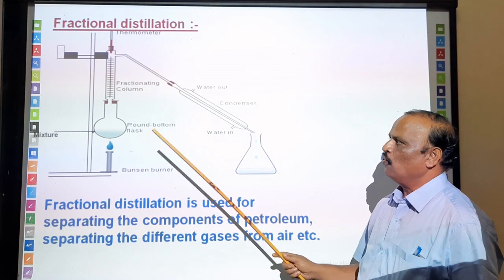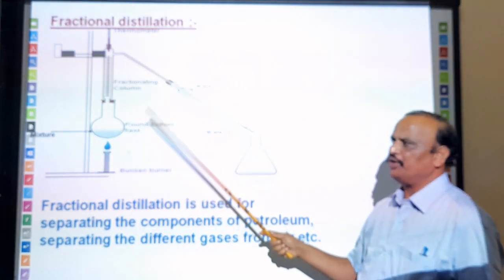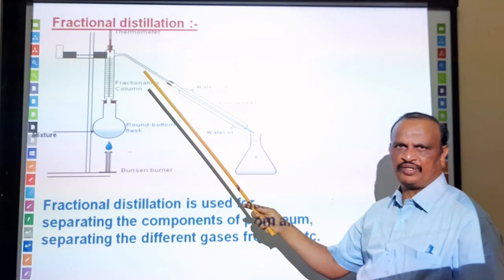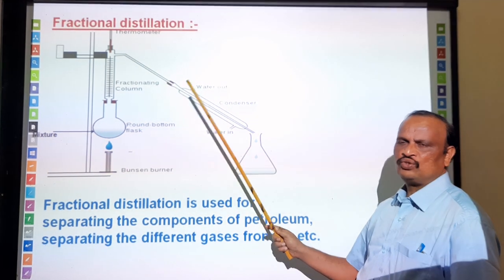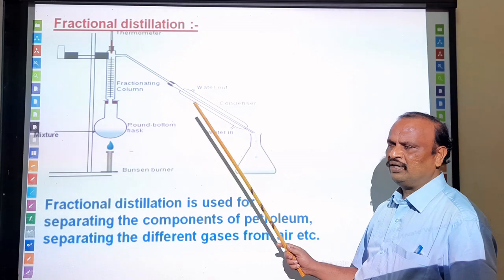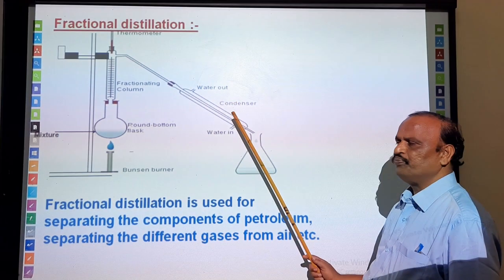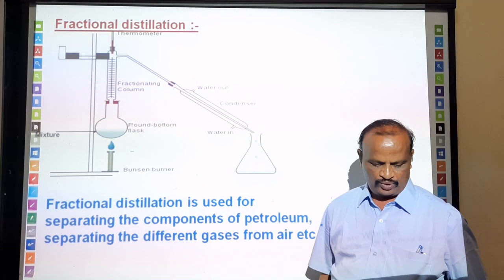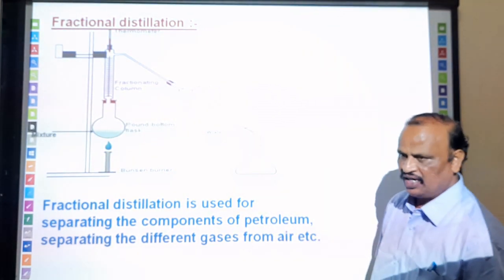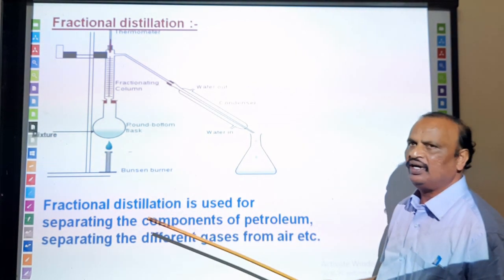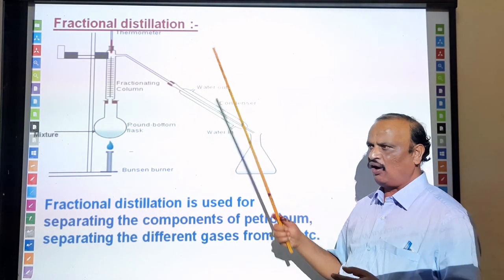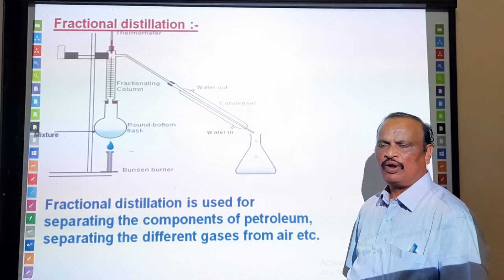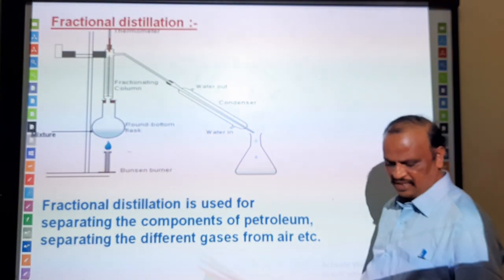What is done there? A mixture of different components is taken and heated first above the boiling points of all the components present, so that all will be converted into gaseous form. Then they are cooled one by one. When they reach their cooling temperature, they convert into liquid and are collected here. This method, used for separating petroleum components, is known as fractional distillation.